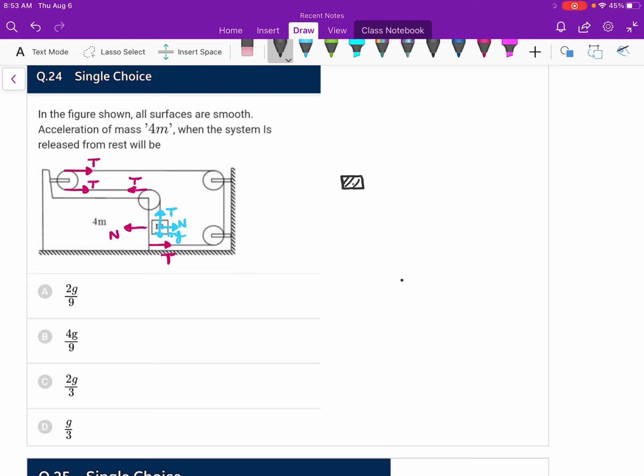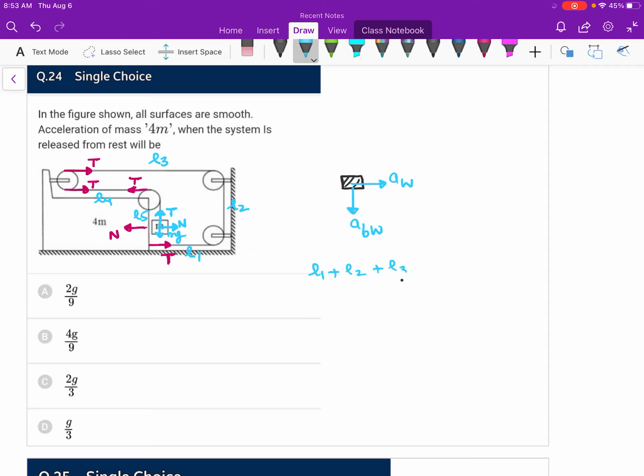So acceleration of block relative to the wedge is in this direction, plus acceleration of wedge. So the block is moving horizontally as well as vertically. Along with the wedge, it is moving towards the right, and with respect to the wedge, it is coming down, okay. And from constraints, we see that suppose these are the lengths of the string L1, L2, L3, L4, L5.